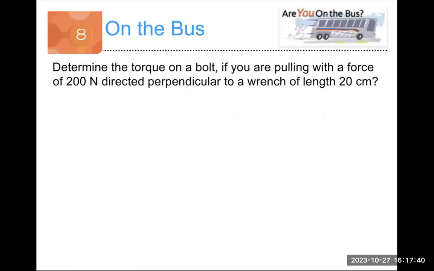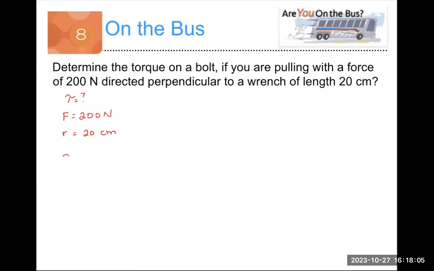So let's do another problem. In this one, we want to know the torque on a bolt. We're going to find out what the torque is if you're pulling with a force of 200 newtons, directed perpendicular to the wrench, of length 20 centimeters.